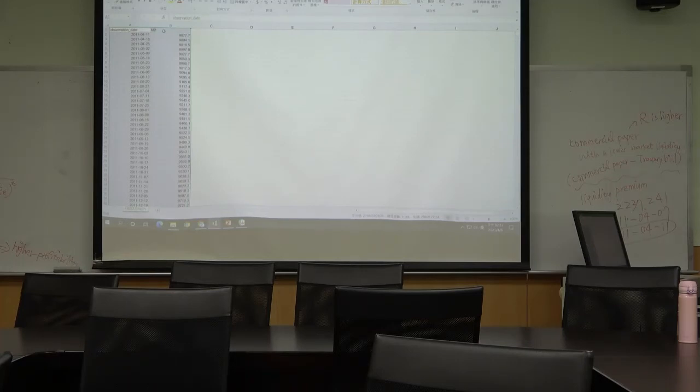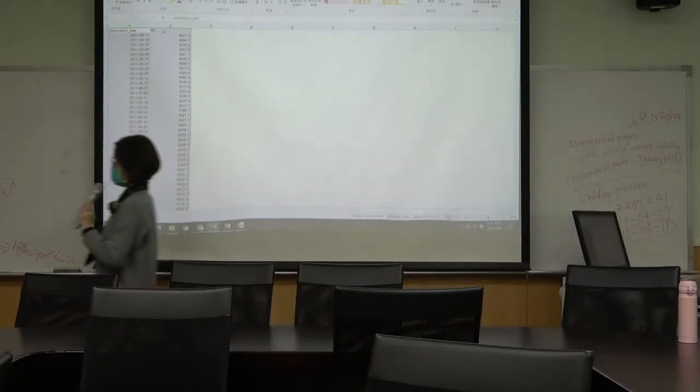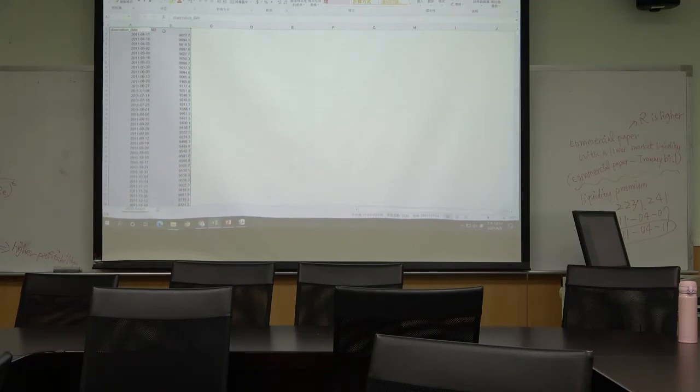As you can see from the M2 series, the M2 starts in 1980, but for S&P 500, it's 2011 April 7th. So in order to convert this into weekly, and M2 is on a weekly basis, the earliest date is April 11th.